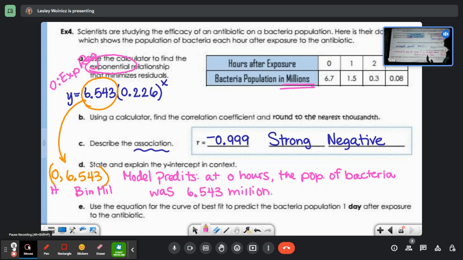We know that that's not what actually happened, because we can see right here it was 0.67. But based on the rest of the data, this is the prediction that came from the equation of best fit. Okay.